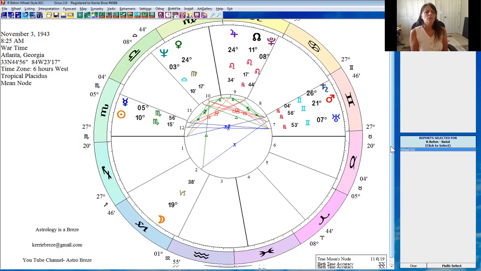All right, moving around, what else strikes me? So I wanted to know the sun, moon, rising. That gives me a flavor of the person. And then I'm going to see where those inner planets are, where their values and their mind are. We already saw Mercury right there. Now I'm going to see where Venus is, which we saw there.